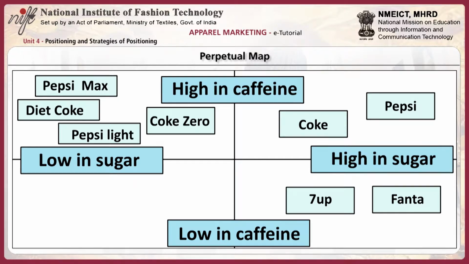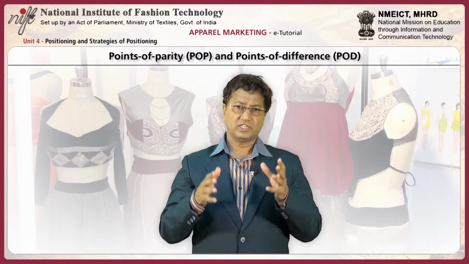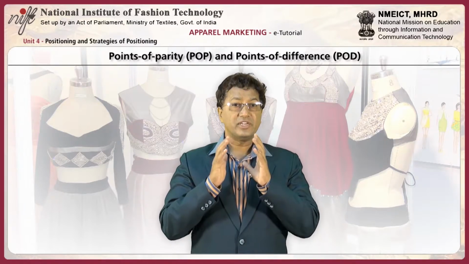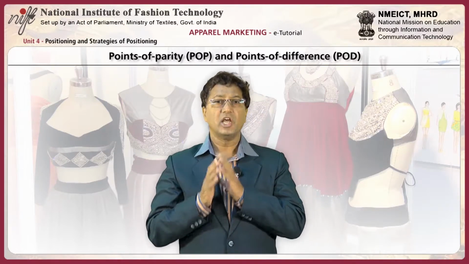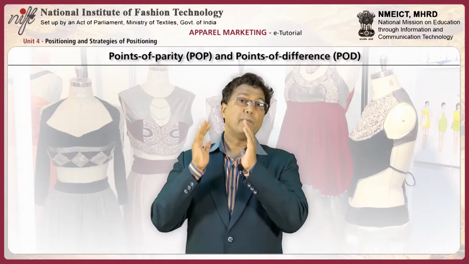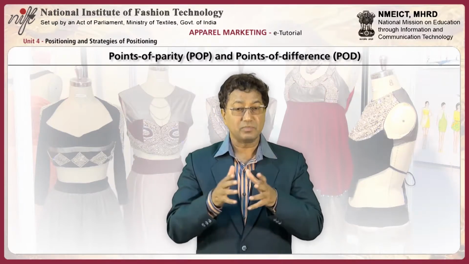The most common presentation format for a perceptual map is to use two determinant attributes as the x-axis and y-axis of a graph. While deciding a brand's or product's positioning in the market, the firm should ensure that sufficient points of parity, that is POP, and points of difference, that is POD, are incorporated in the positioning statement.